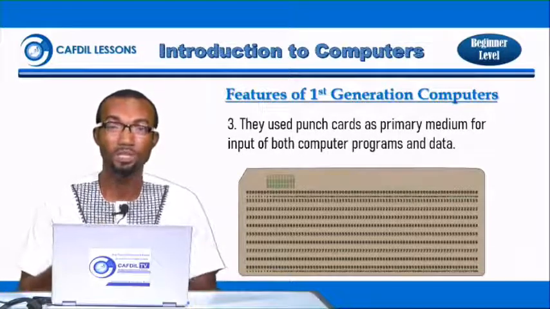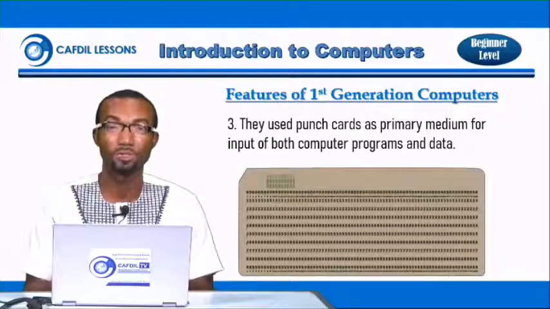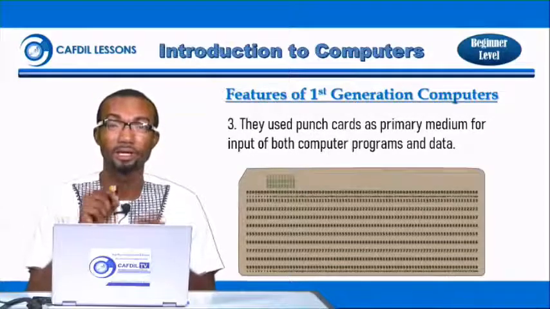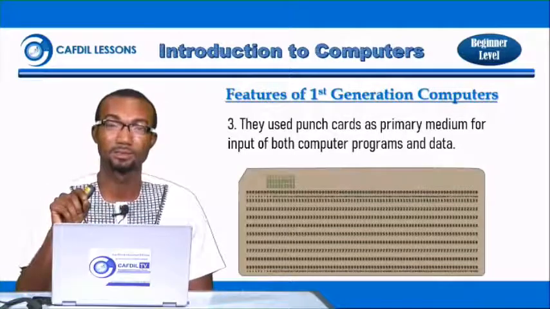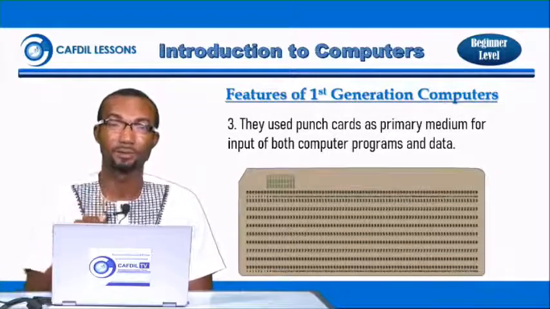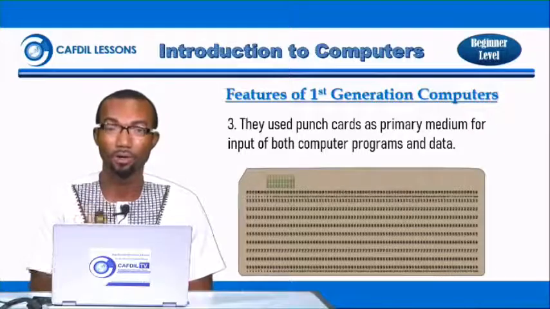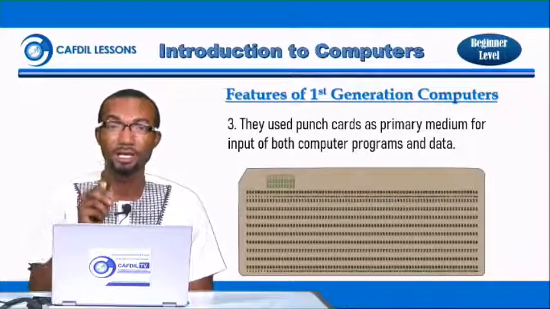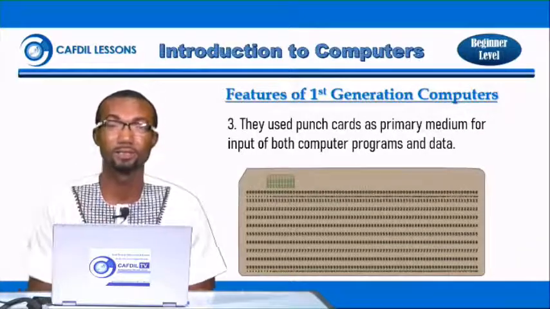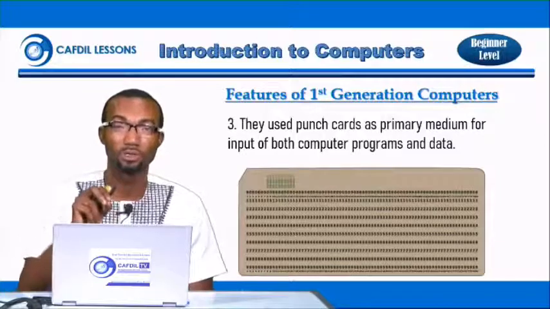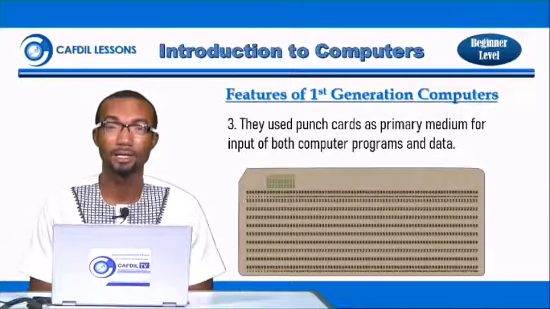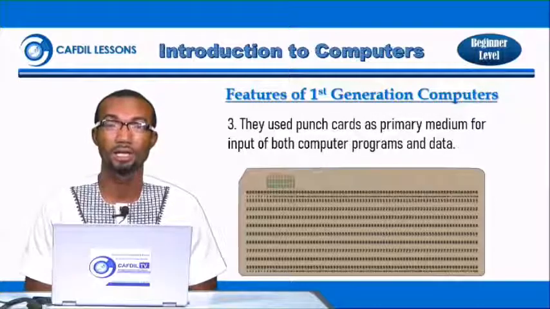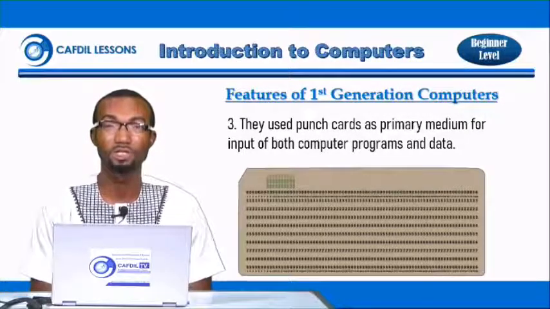You make holes in the punch card, and when reading the data on the punch card, they read it vertically rather than horizontally. So data is read vertically, and the position of the hole will give you the meaning or the kind of data the punch card contains. So they used punch cards.